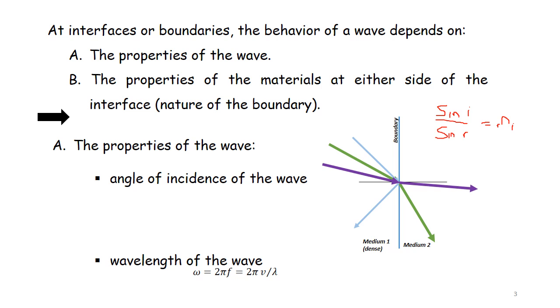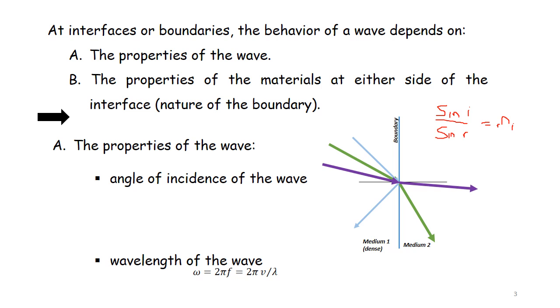And it gets to a point where this becomes maximum, or becomes zero, depending on the angle of incidence. Then number two is the wavelength of the wave. The wavelength of the wave can also affect the behavior.